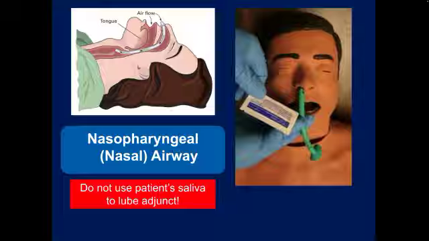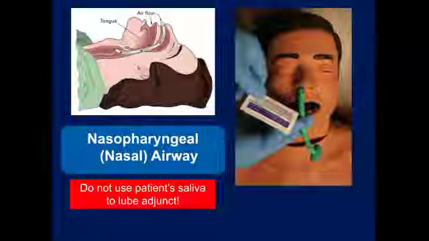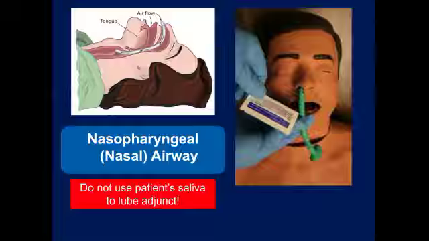The problem with the saliva, if you think about what's in someone's mouth, this person's unresponsive, they're in cardiac arrest, whatever it might be. Maybe they vomited, maybe they got food product in their mouth, maybe they've got stomach acids. I know they got bacteria and viruses and other kinds of things in there. And you lubricate this device with the saliva and shove it up their nose.